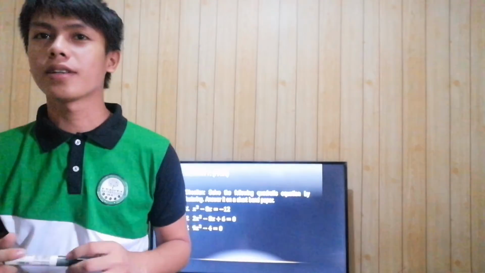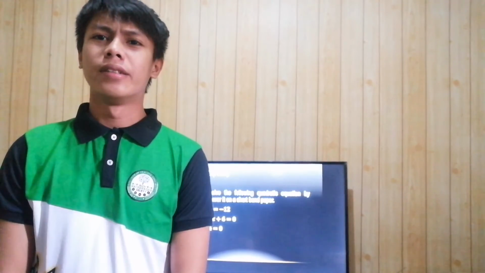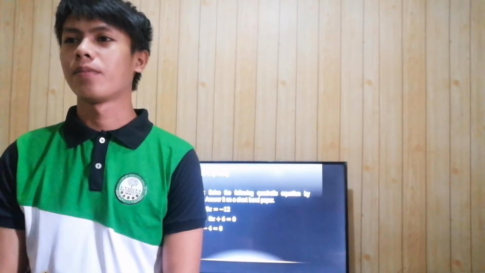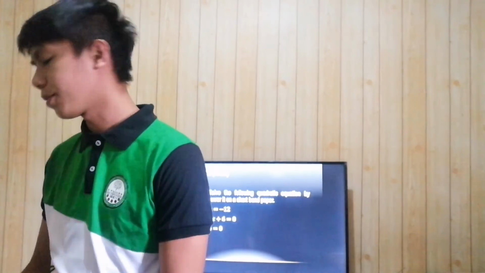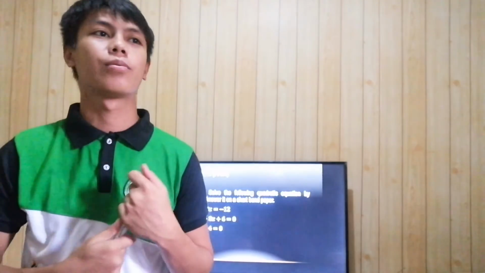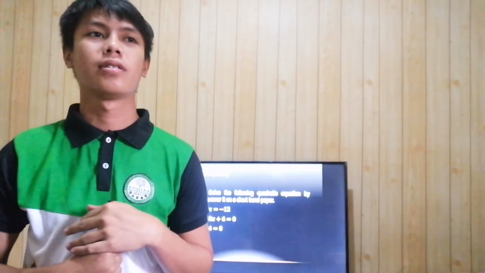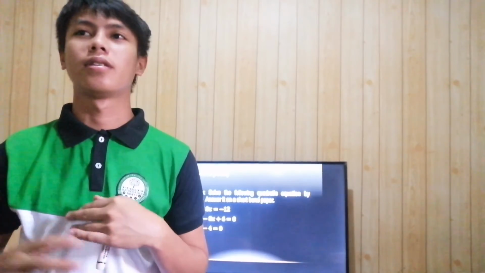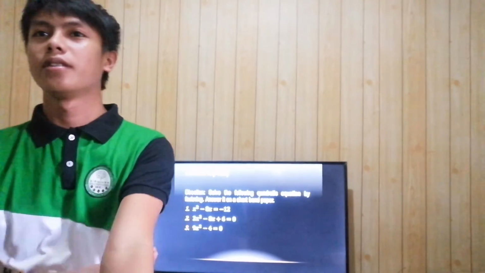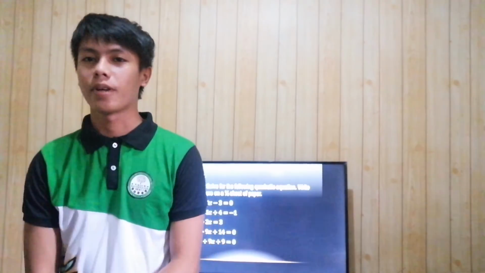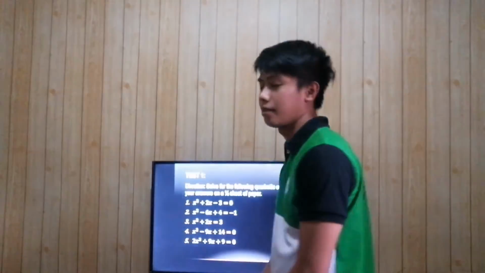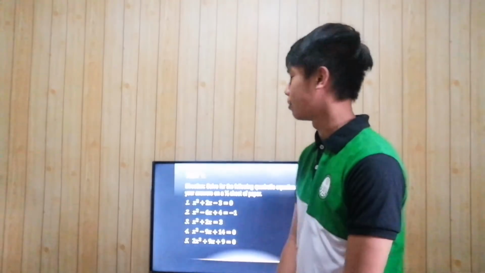Now, how did you find the activity? So, okay, any questions that we could proceed with our quiz? None? Okay. I think you are ready for our quiz. So, okay, kindly read the direction.